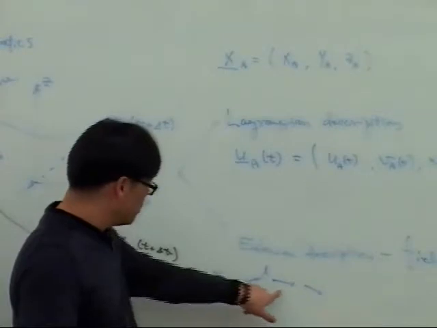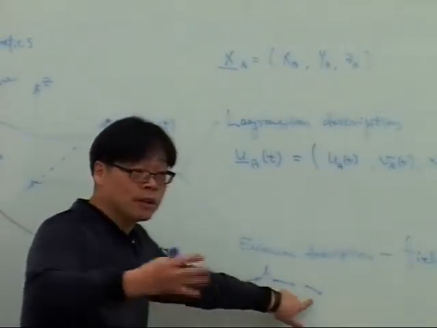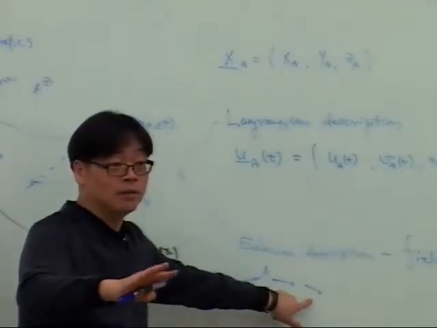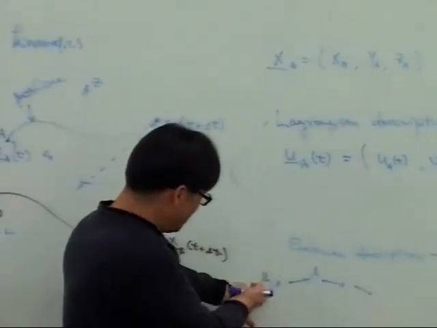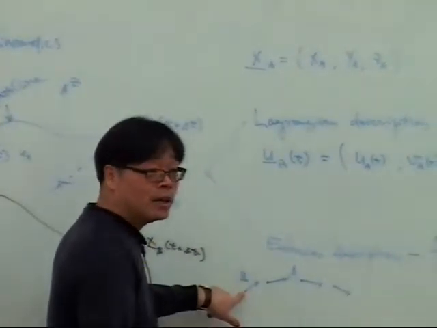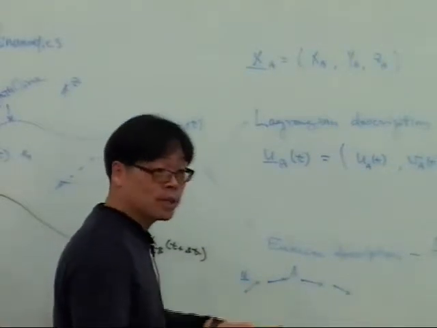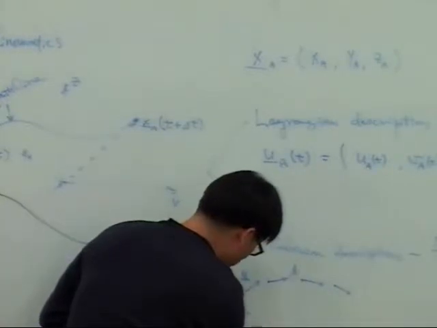Even though I draw many arrows, each arrow corresponds to a different fluid particle. So I'm not following each fluid particle. I just take a picture, and I don't care what the name is of the fluid particle sitting here. I just measure the velocity, and then I draw arrows. So everywhere I can do that when I take a picture.